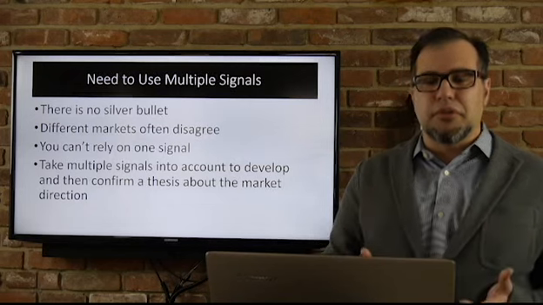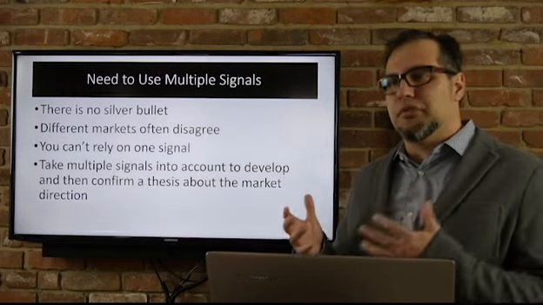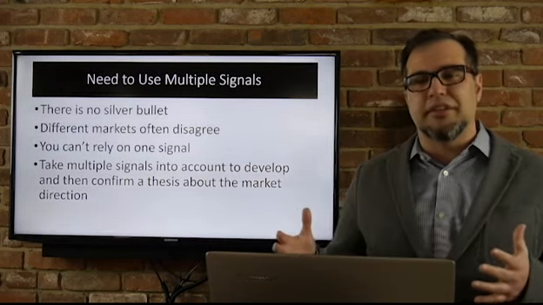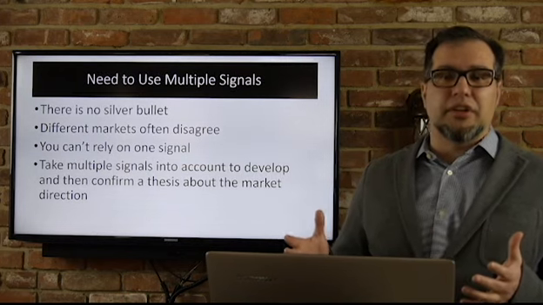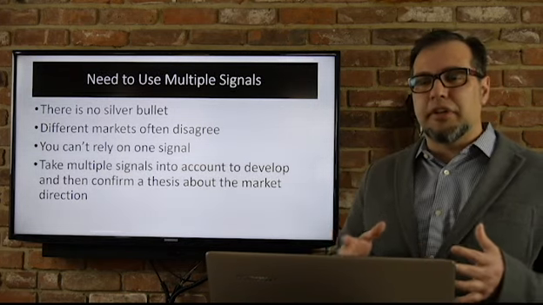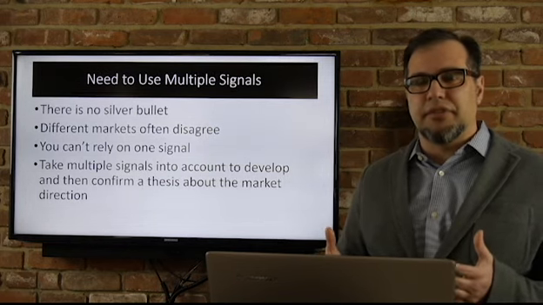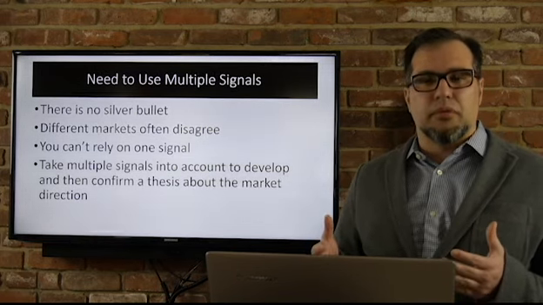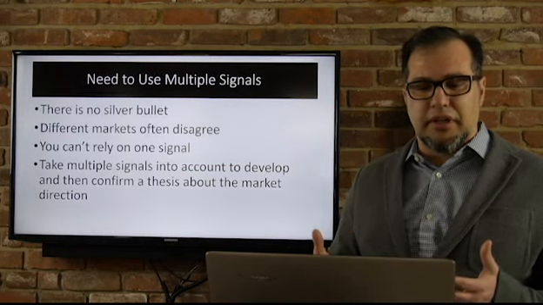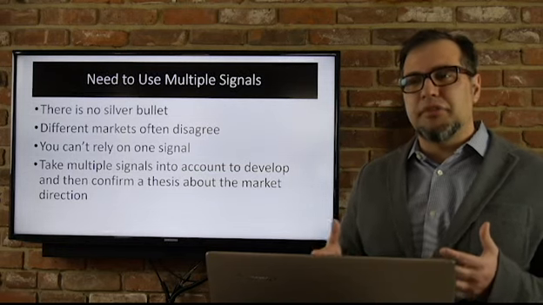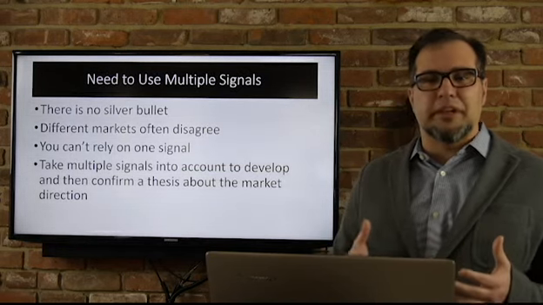You cannot just use the Contango as an indicator. You cannot just use the V ratio. You need to look at the entirety of the volatility curve, and you need to look at all these indicators to gauge a sense of what is going on and what is about to happen. The reason for that is that the different markets oftentimes disagree.